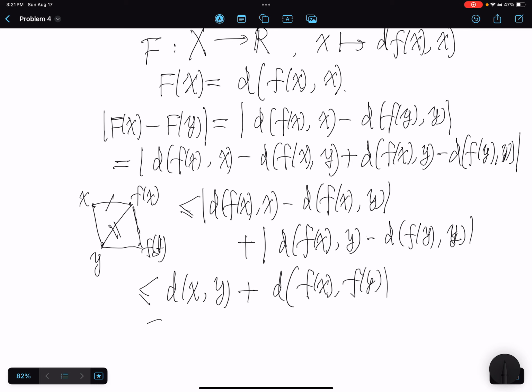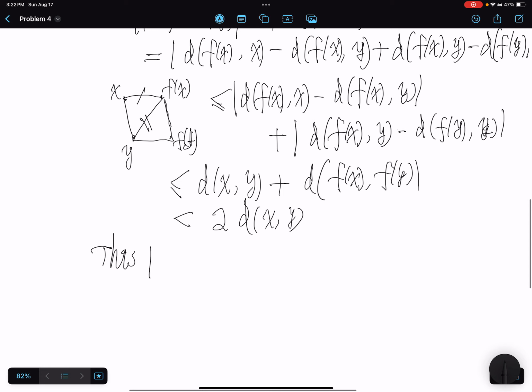By assumption, the distance between f of x and f of y is less than the distance between x and y, so this is less than 2 times the distance between x and y. So if x and y are close enough, the absolute value of g of x minus g of y is small.